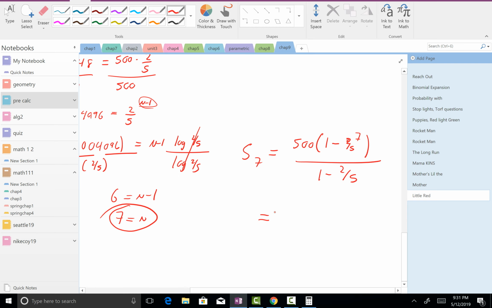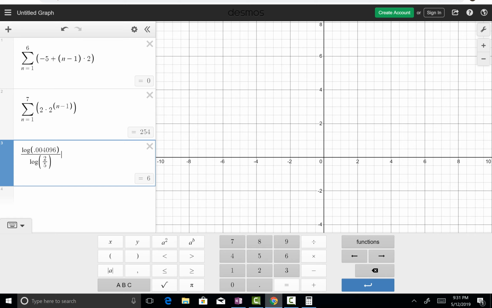Then it's just a matter of putting this into Desmos or a calculator. Hopefully you'll have better luck than I am having here. 500 times parentheses 1 minus parentheses 2 divided by 5 to the 7th, and then we divide that by 1 minus 2 divided by 5. So it should look something like that.